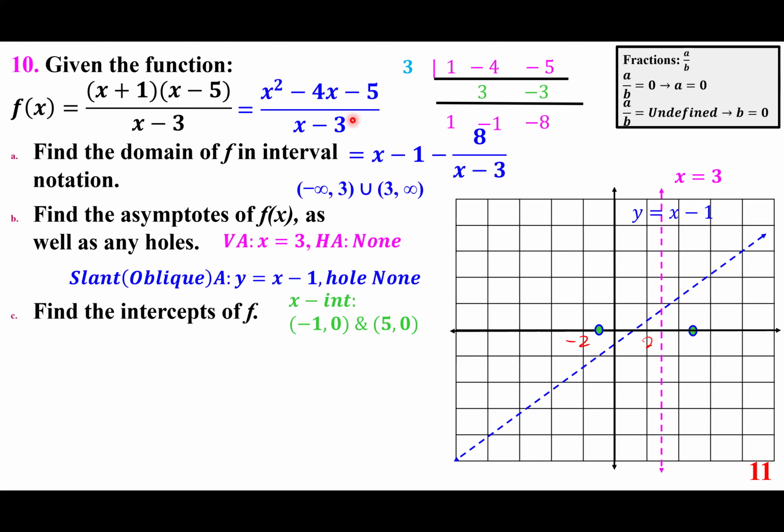Y-intercept, it's easier to go this route. These factors in the numerator become 1 and -5 because you replace the x with 0. So you get negative 5 over negative 3, which is positive 5/3. So 0, 5/3. Okay, it's somewhere here. It's a little bit off, but you get the picture.